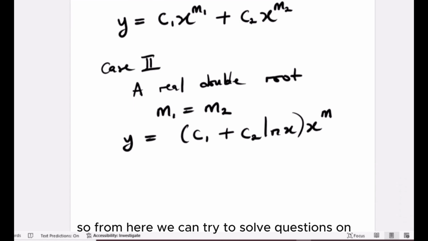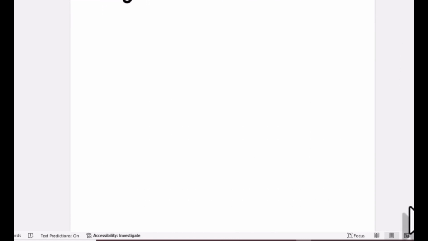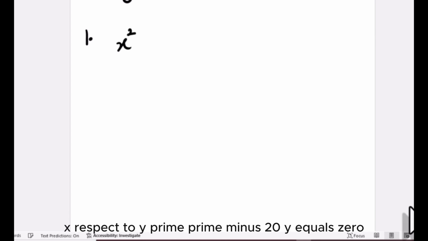So from here, we can try to solve questions on these two cases. For instance, let's call this question 1, x raised to power 2 y prime prime minus 20y equals 0.